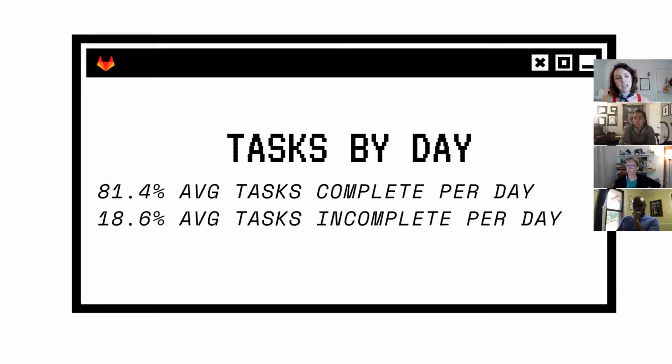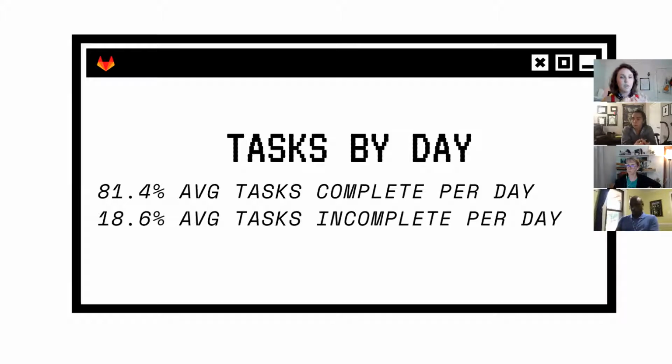And tasks by day, this one I think we could take and iterate on much further, getting down to the details of what actual task, instead of just splitting them out by day.